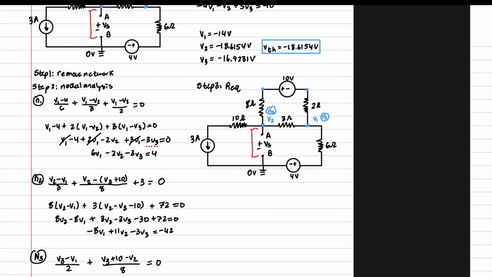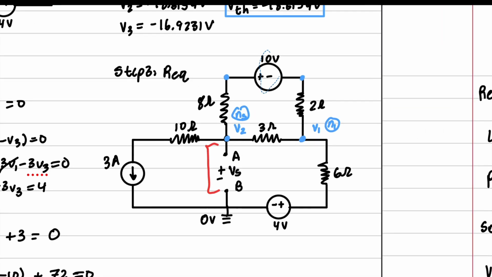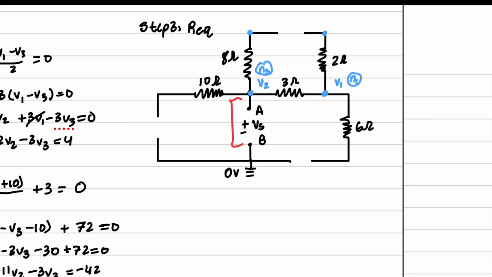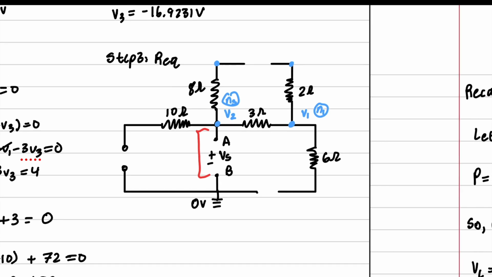So we're going to remove this, this, and this, and we are going to replace all current sources with an open circuit. So we have a current source right here, and we're going to replace all voltage sources with a closed circuit, like so. And now we can solve for R equivalent.